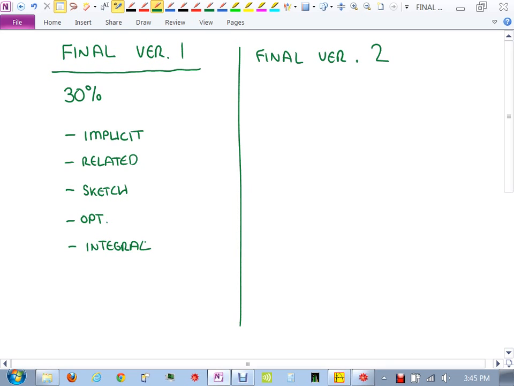Well, max and min is kind of in the sketching, right? I mean, that's kind of why I don't need to go back and test it. And then when I get to optimization, I could give you a problem that it's on a closed interval, so you have to employ the closed interval method. So there's no need to give you, okay, find the max of this function. It's built into the other problems.